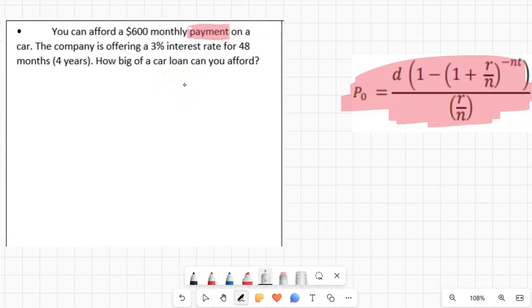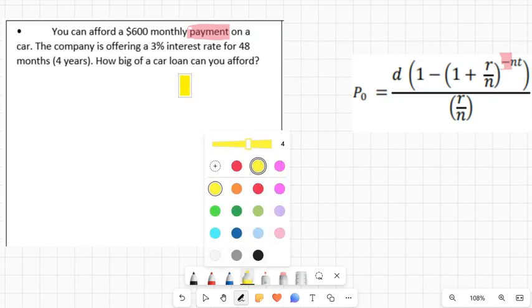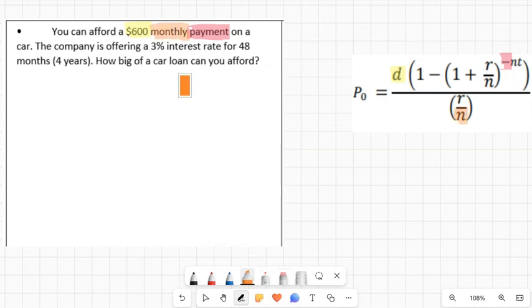Okay, next up, the D value. I'm going to just highlight the negative. That's nice. Okay, the D value is how much you are paying in the payment, whether monthly or yearly, whatever they say, and it goes in the D. The fact that it says monthly, that's where we get the N value from.